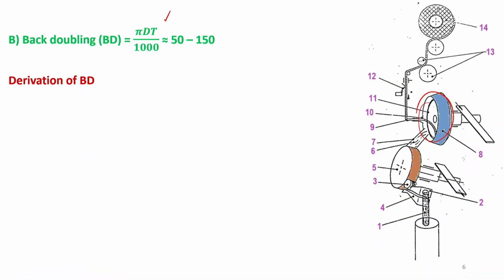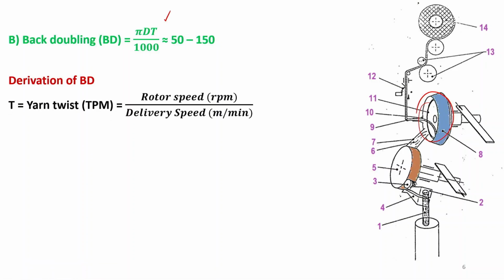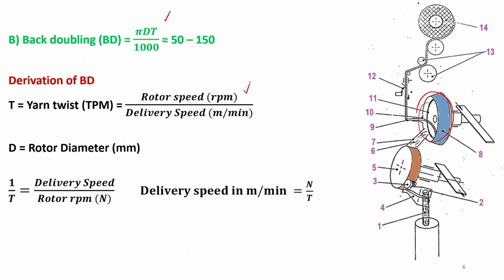And how to derive this back doubling? Let us see. T is the yarn twist, the rotor speed divided by delivery speed, and D is the rotor diameter. So, 1 by T is equal to delivery speed by rotor RPM.